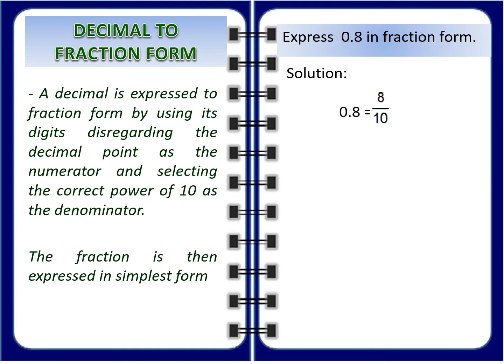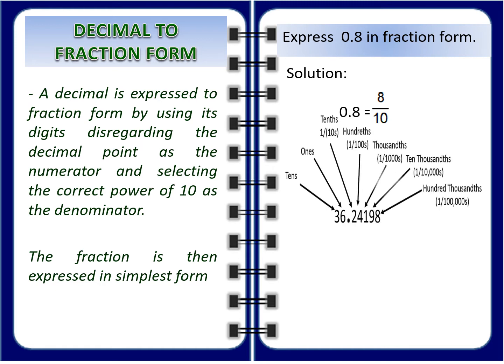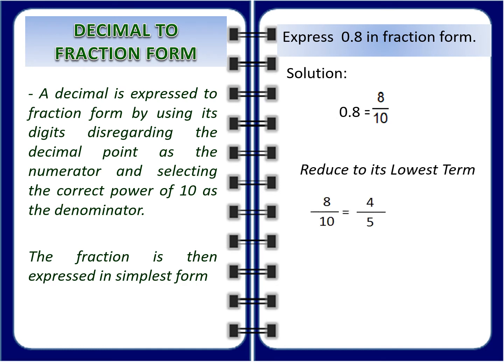For the solution, 0.8 can be read as 8 over 10. Always remember that the places to the right of the decimal point are read as tenths, hundredths, thousandths, and so on. Therefore, 0.8 is equal to 8 over 10.